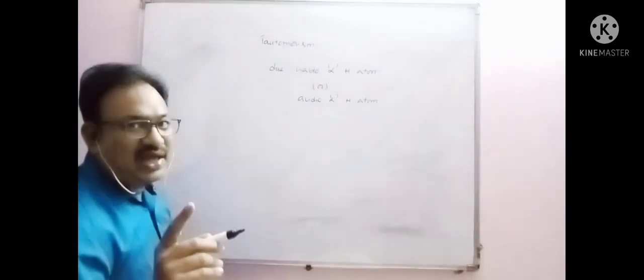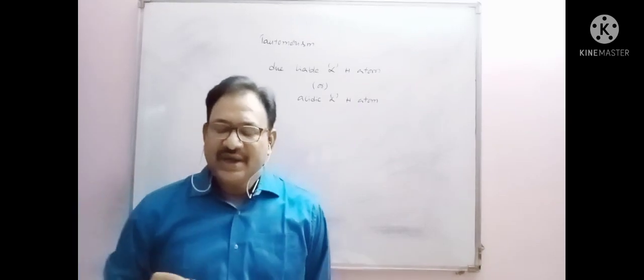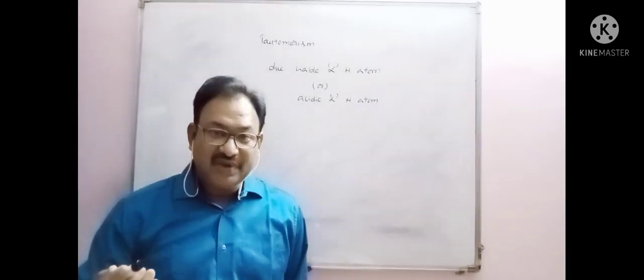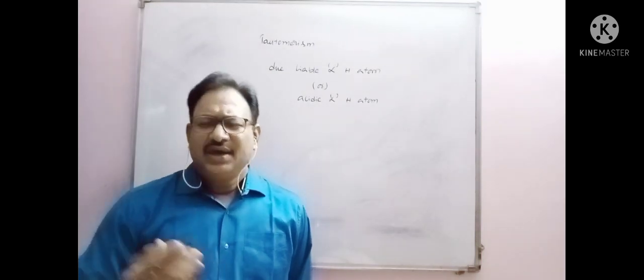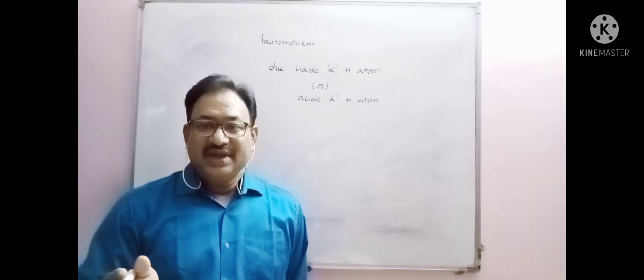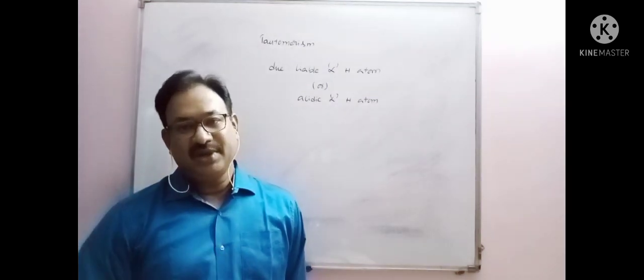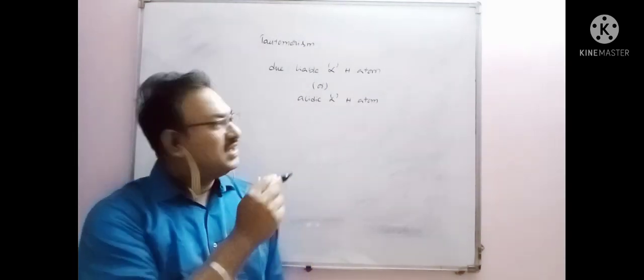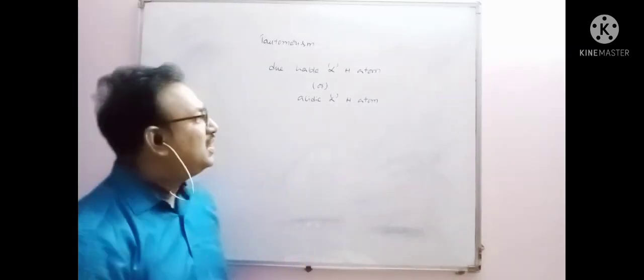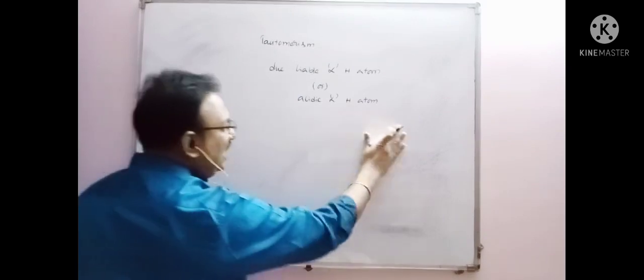A labile alpha hydrogen atom or acidic hydrogen atom means it can be interexchangeable between two atoms or between two groups of the given compound. The hydrogen atom is interexchangeable. So that's why it is taken as a labile alpha hydrogen atom or acidic hydrogen atom.